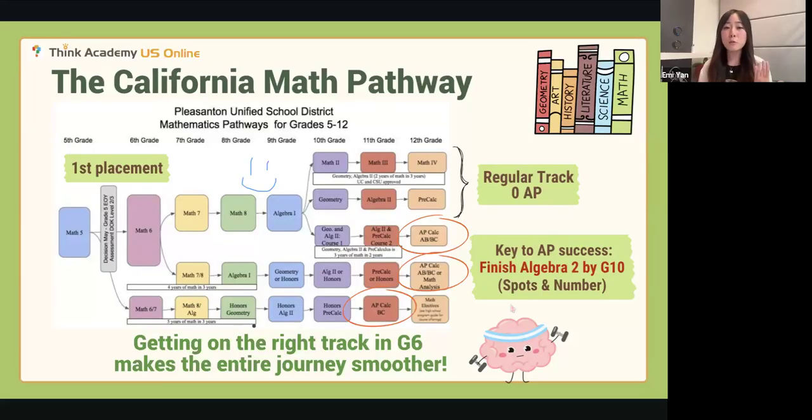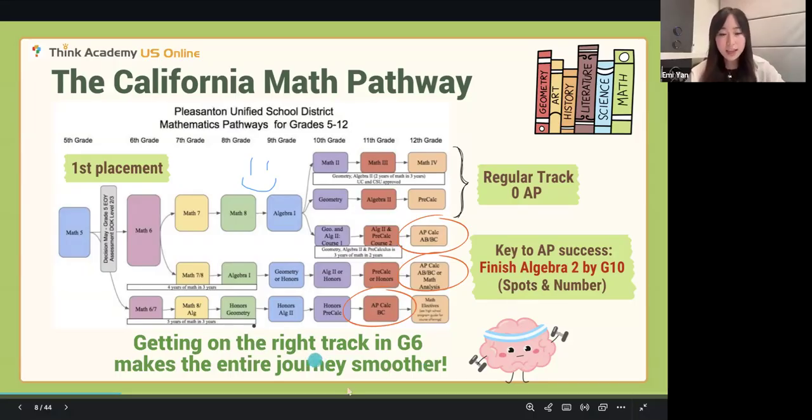So to make sure that you get the course that you want and as many AP scores as you want, you're going to need to finish your Algebra 2 by grade 10. And moving forward, if you can get on the right track in grade 6, it's going to make your entire journey a lot smoother.